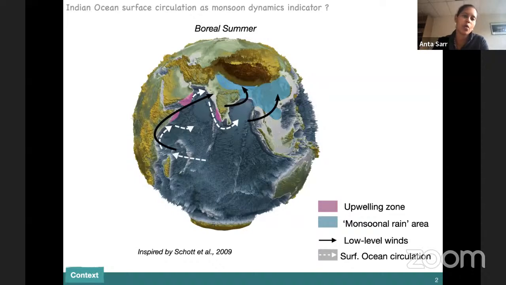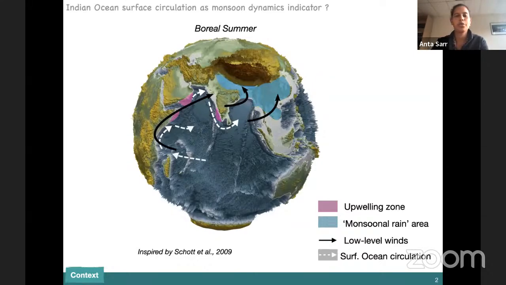These are the white arrows. This circulation brings water from the southern hemisphere along the coastline of Africa via the Somali current toward the western Arabian Sea, and then all around the southern tip of India. The circulation triggers upwelling along the coastlines. These are the pink areas, major ones being the Somali upwelling, the Oman upwelling, and also the Indian upwelling.